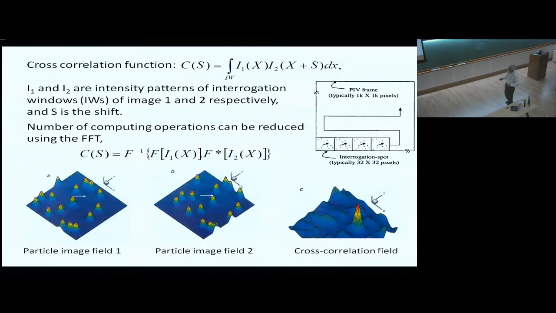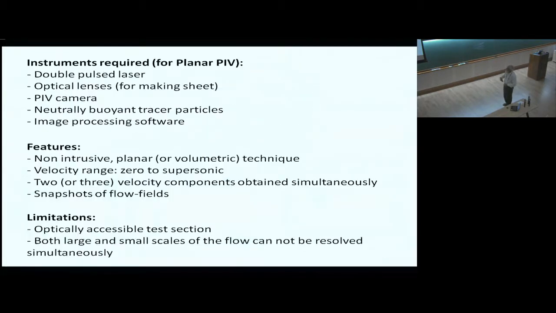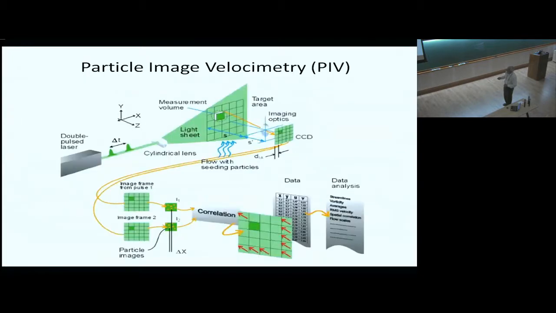So basically, you'll have particles in the flow field, and this field is broken up into squares, which are the interrogation windows, and each interrogation window will have several particles.